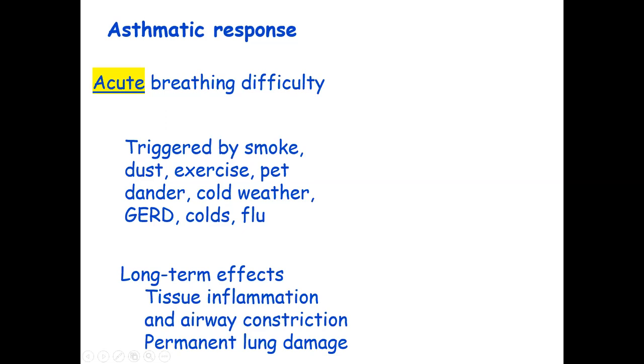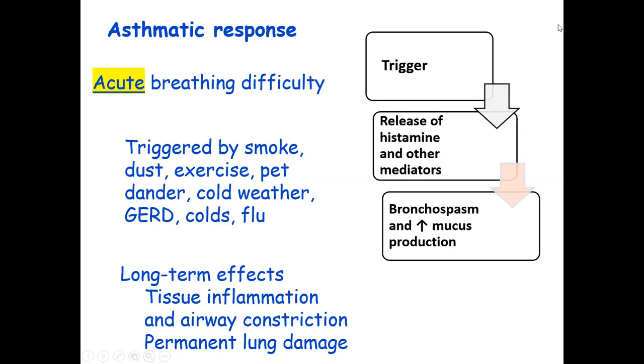So long-term effects: tissue inflammation, airway constriction, so you're not getting the same amount of oxygen permeation, ultimately permanent lung damage. This just shows the asthmatic response. There's a trigger, and remember the trigger can be smoke, it can be exercise, it can even just be the weather.